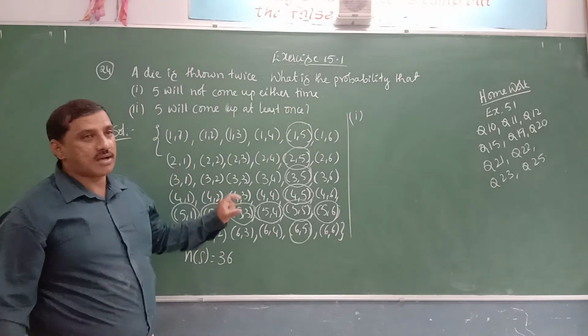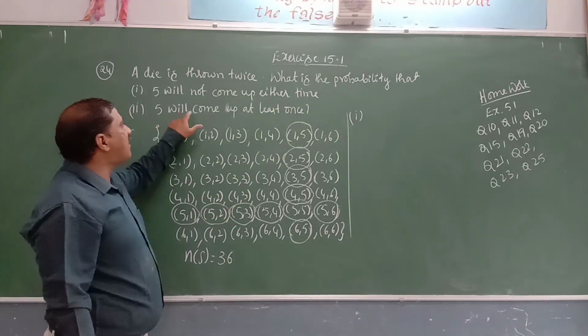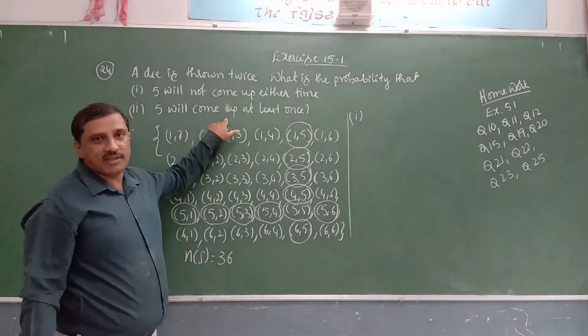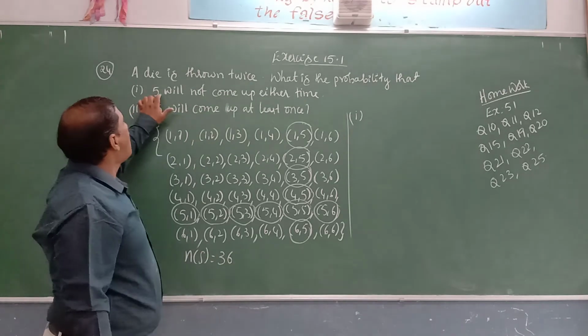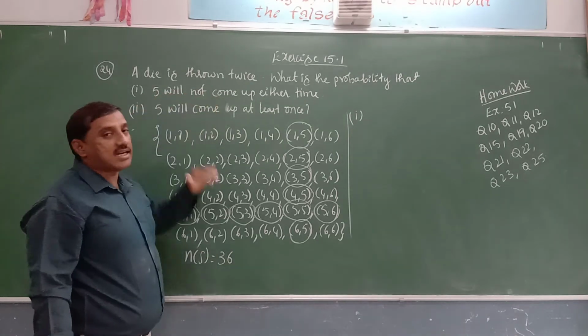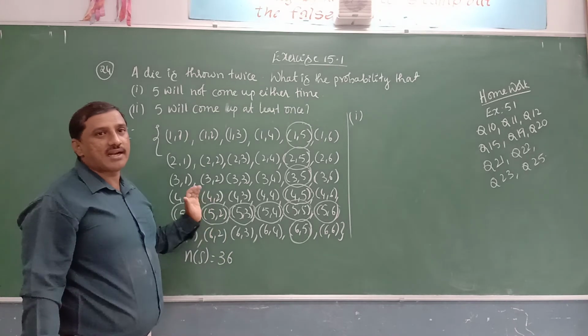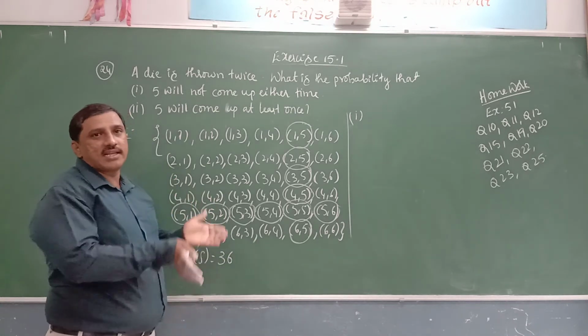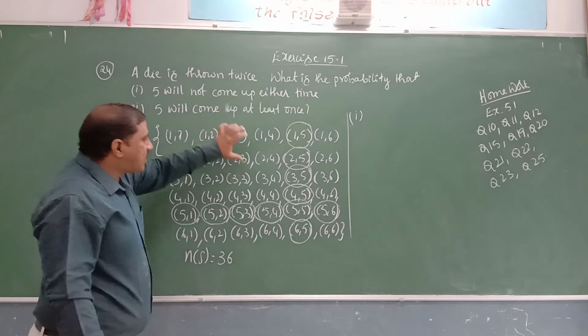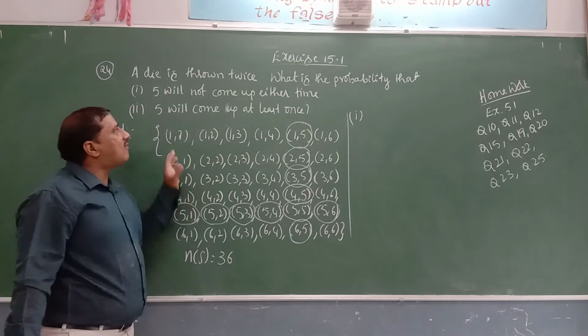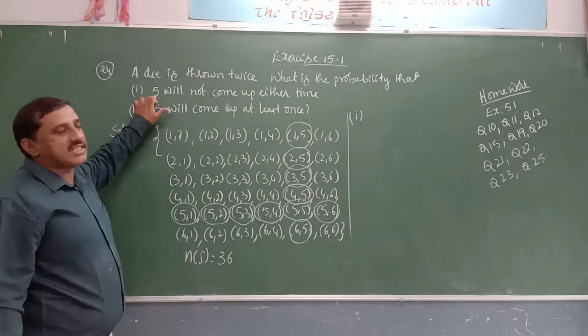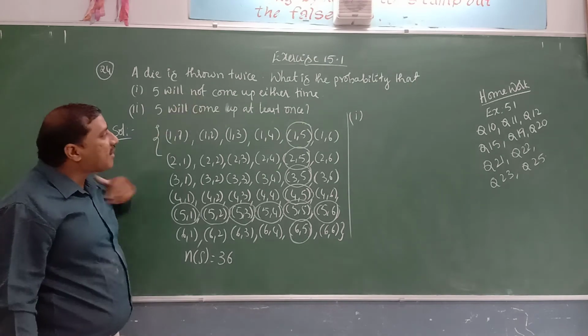So 11 outcomes have 5 at least once. Our first part says 5 will not come up either time, meaning there is no 5 on the first die or the second die. So the remaining outcomes support the first part, that 5 will not come up either time.